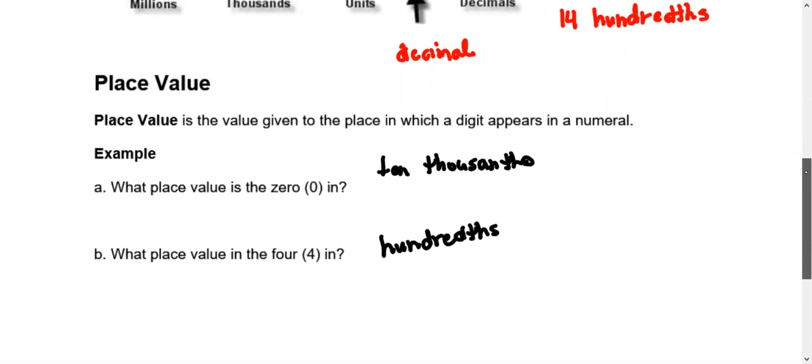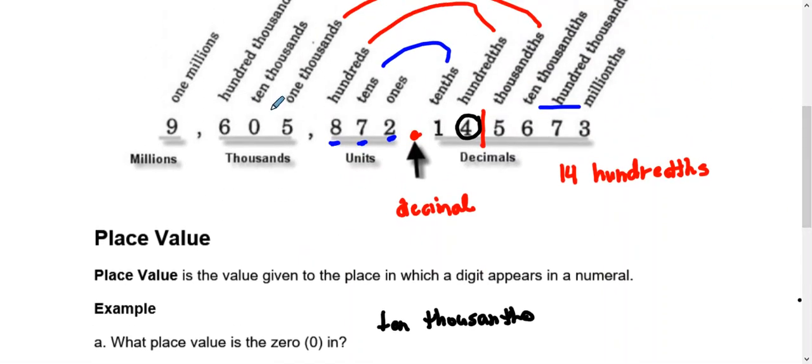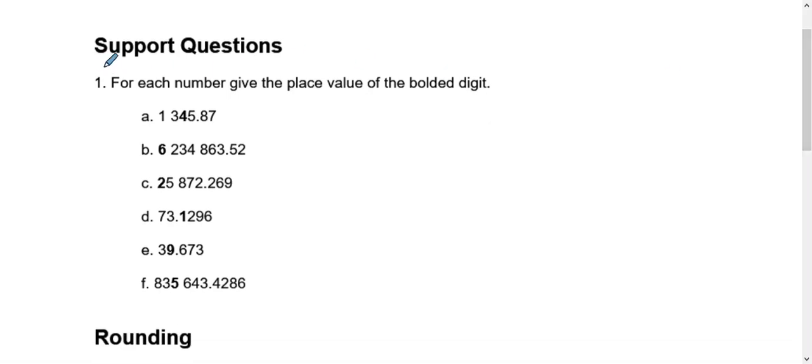It might be good to keep this chart handy, but hopefully we won't have to use our chart. What I would like you to do is try answering these questions, using the chart to write these spots. I'm going to push pause now, and I want you to go back and forth, and we'll come back and check our thinking.